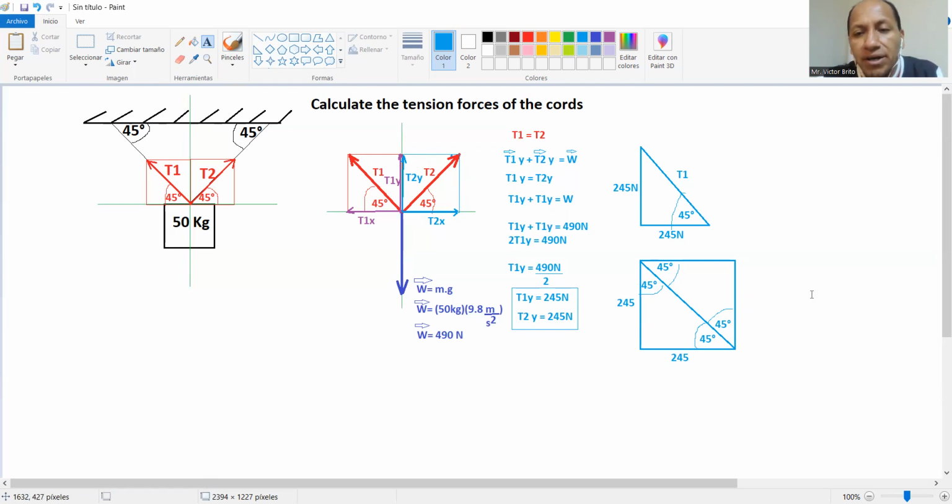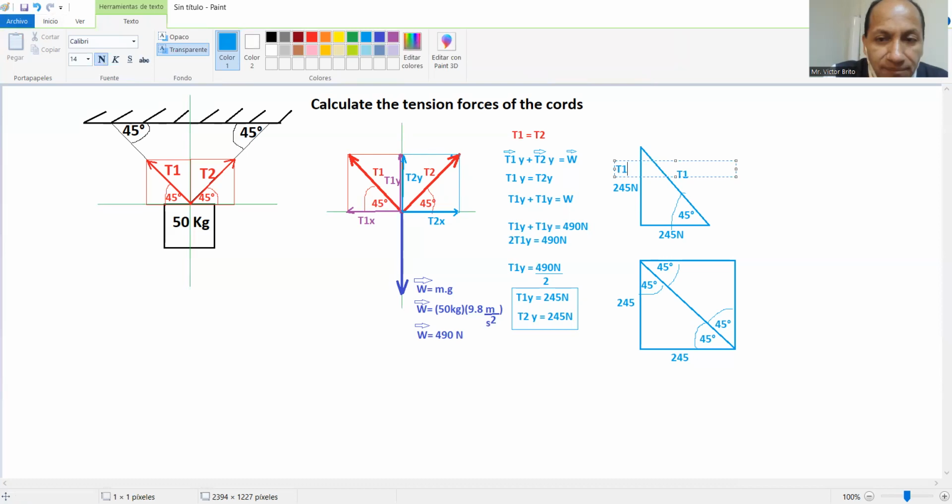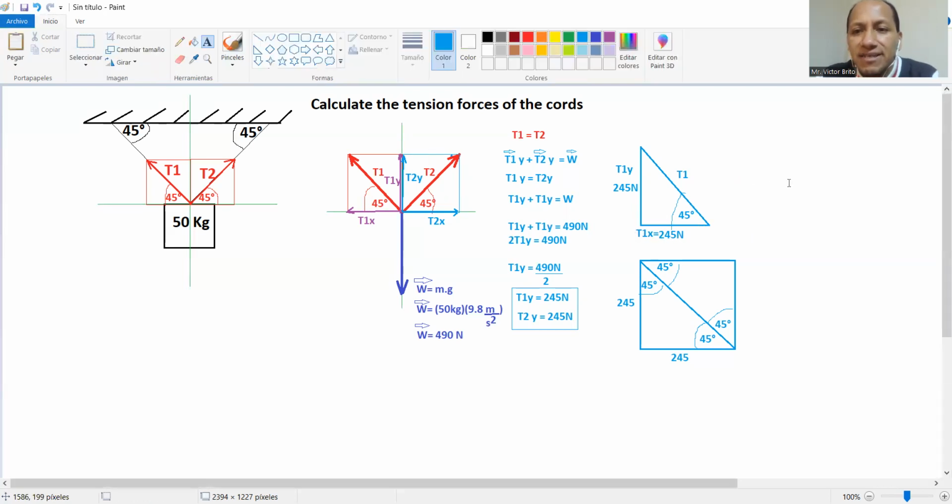That's why I concluded that the tension 1 in y and the tension 1 in x are 245 and 245.